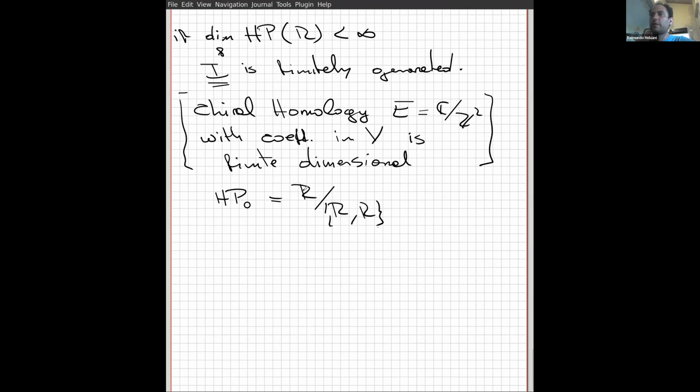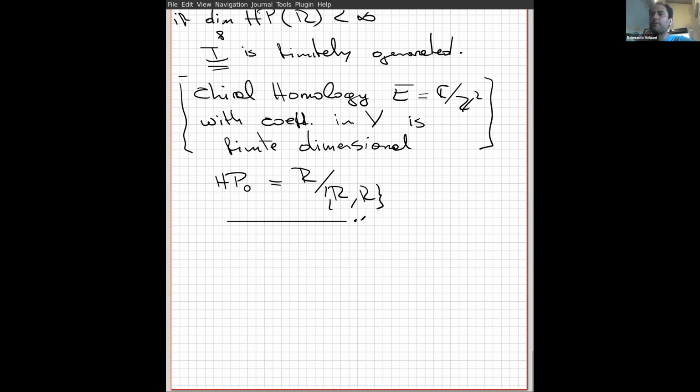So I still have like 20 minutes, so I'll tell you how to prove that. The theorem is that for Vir 1/2, I is finitely generated.